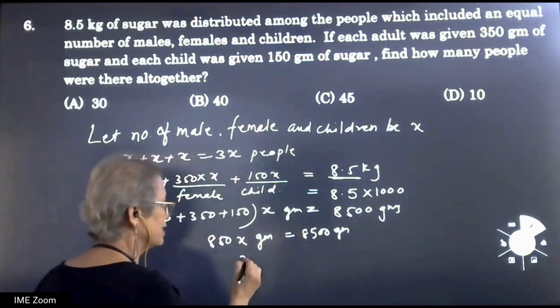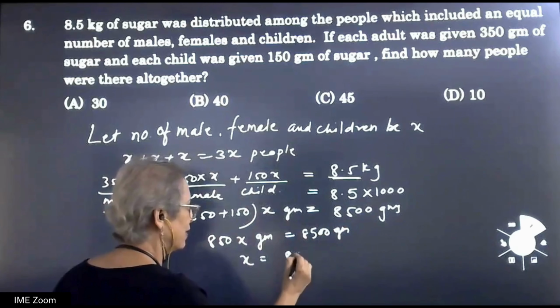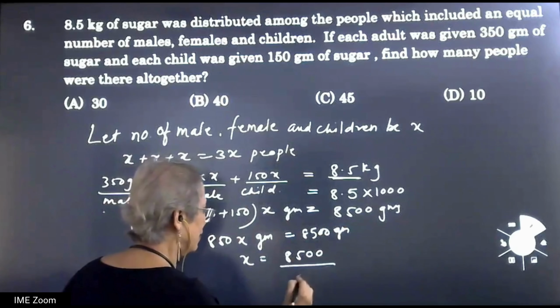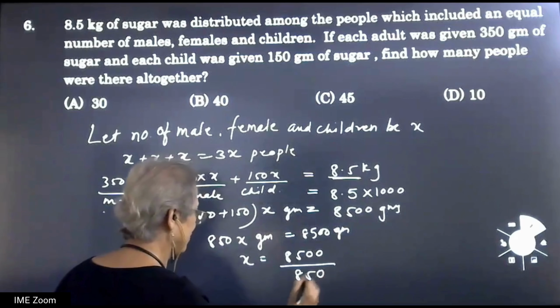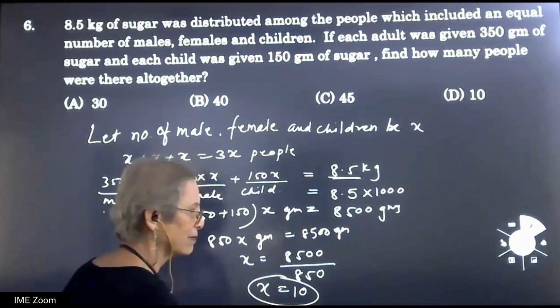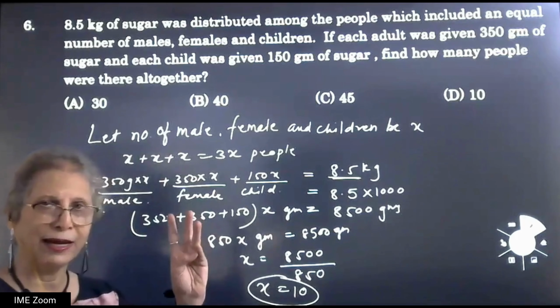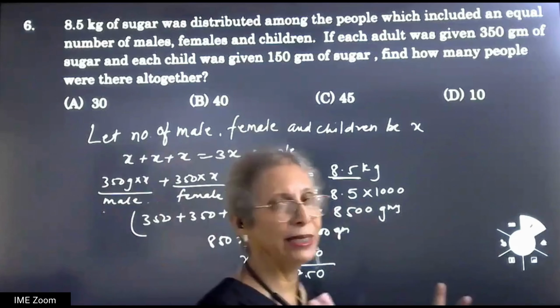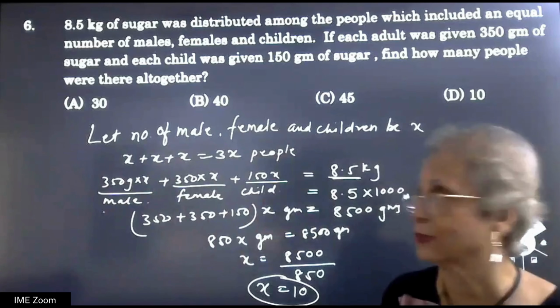Therefore X is equal to 8500 divided by 850, and therefore X is equal to 10. So the number of males is 10, females 10, and children also 10.